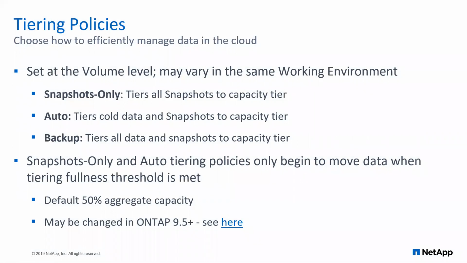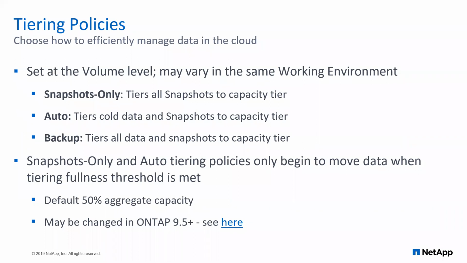At a high level, you can tier snapshots only, you could tier cold data and snapshots, or you could throw everything you've got into the capacity tier if you want. An important note that impacts the snapshots only and auto tiering policies, which again, I'm going to go into detail on in a second: keep in mind, those policies don't begin to move data into the capacity tier until what we call the tiering fullness threshold is met.